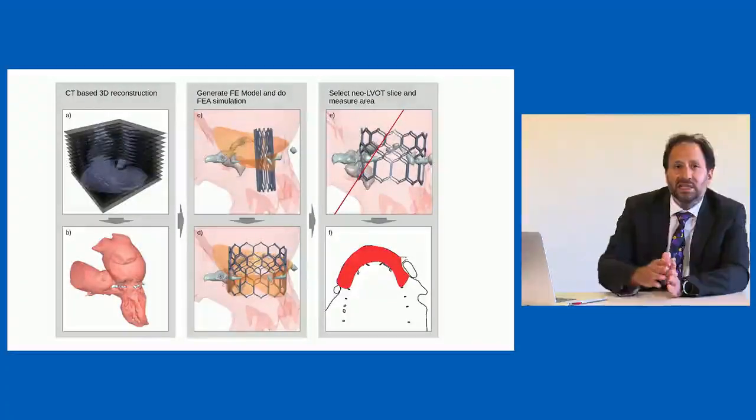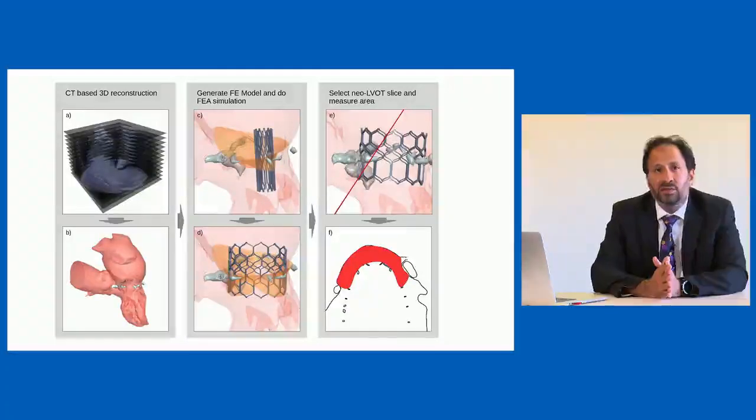By using the CT dataset, we're able to perform CT segmentation and also a CT-based 3D reconstruction. From this, we're able to incorporate finite element modelling, which allows for the tissue-specific properties of the mitral valve annulus, the mitral valve leaflets, the chordae tendineae, and also the papillary muscles.